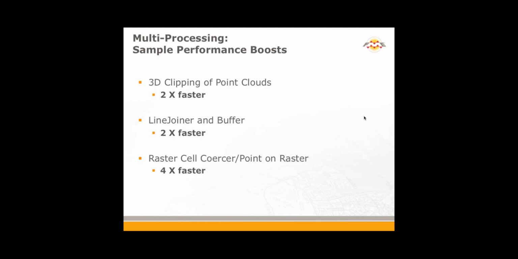On the other hand, if we're doing 3D clipping of point clouds, that's a lot of work for each point to figure out if it's in a certain cube or something like that. Or buffering is a great example. Dissolving is another fantastic example as well, where the amount of CPU we're doing on each object is great compared to the time it takes to send it around. Many raster operations also fit into that category.